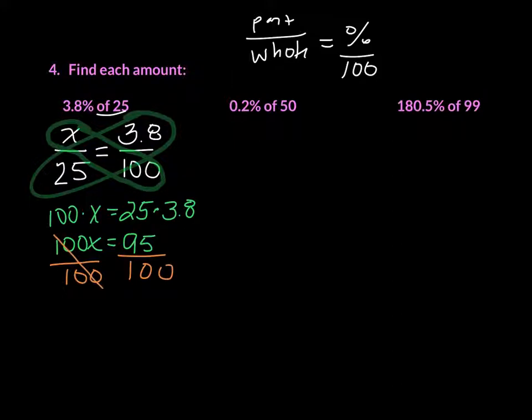These 100s cancel. 100 divided by 100 is 1. I'm left with X equals 95 divided by 100. You can use your calculator, or you should know that there's 2 zeros. Therefore, that decimal gets moved back 2 places. So the answer is going to be 0.95.